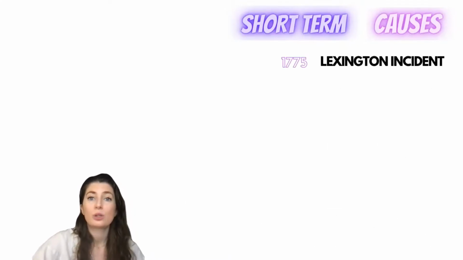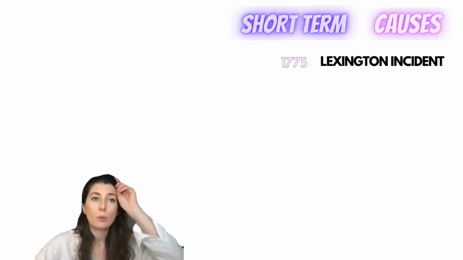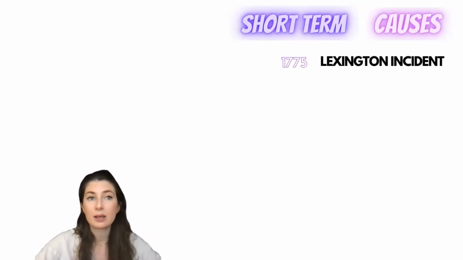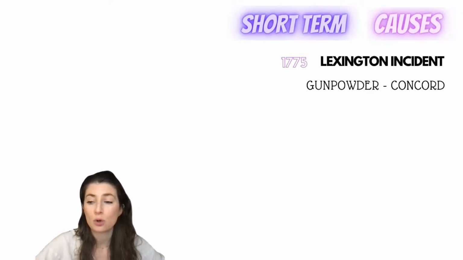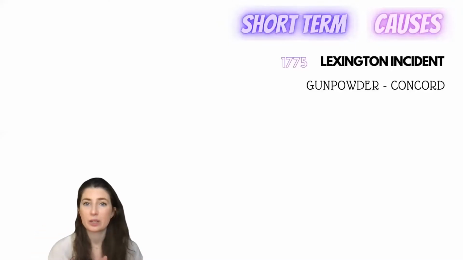This takes us to the last event, what I would probably call the trigger cause of the war, which was the Lexington incident. By 1775, the anti-British feeling was extremely strong in America. This all happened because the British tried to seize a supply of gunpowder in Concord.